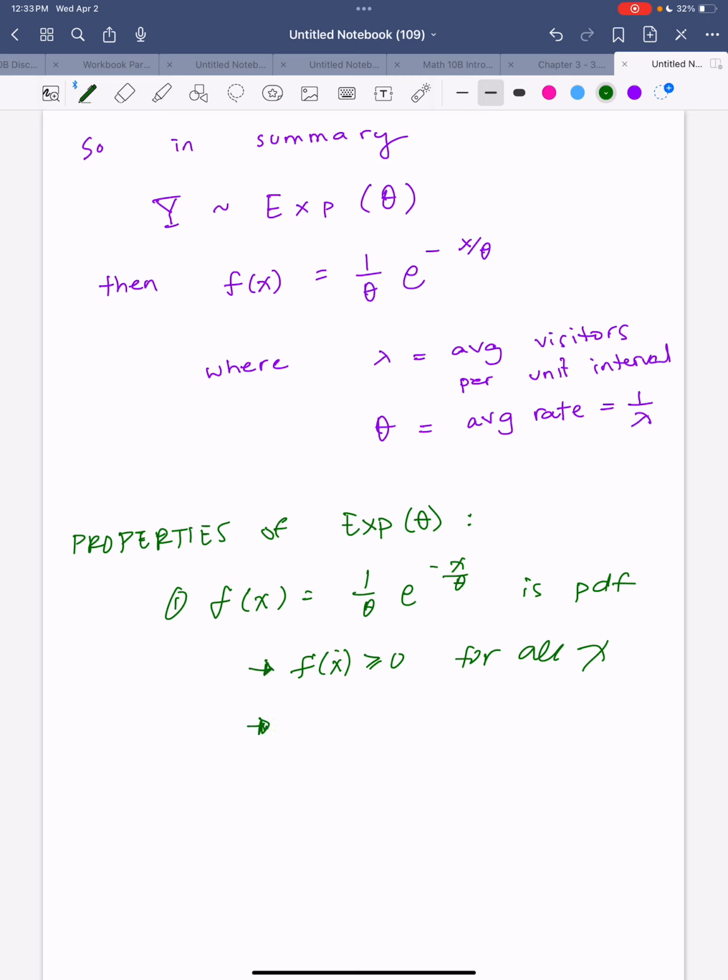First, it's a function that's non-negative, and second, it's a function where the area under the curve is always equal to 1. So the integral from negative infinity to infinity of f of x dx is going to be equal to 1. And this is good practice to double check, right? You're essentially integrating.